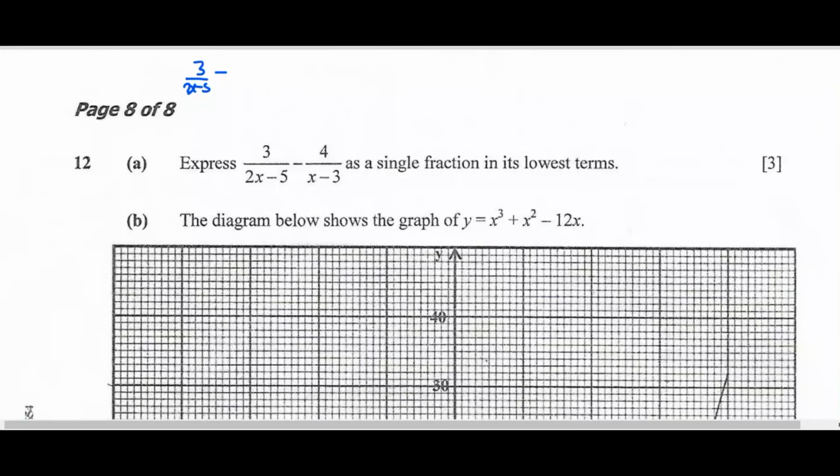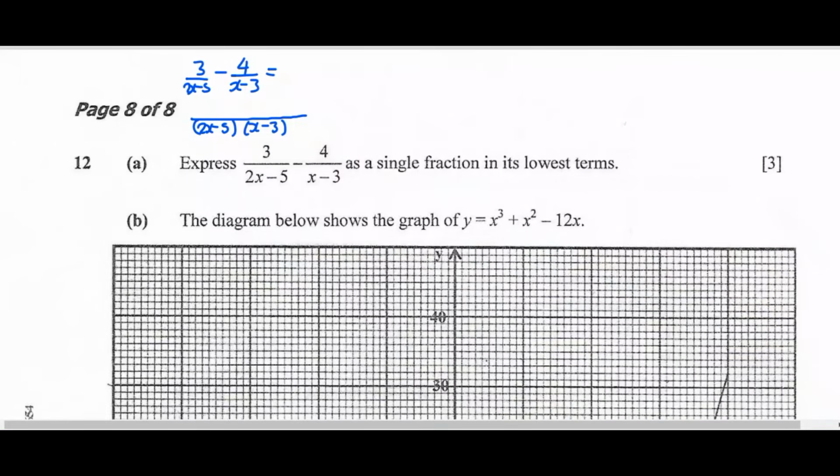We first begin by finding the lowest common denominator. So the lowest common denominator is just 2x minus 5 in brackets and x minus 3 also in brackets.